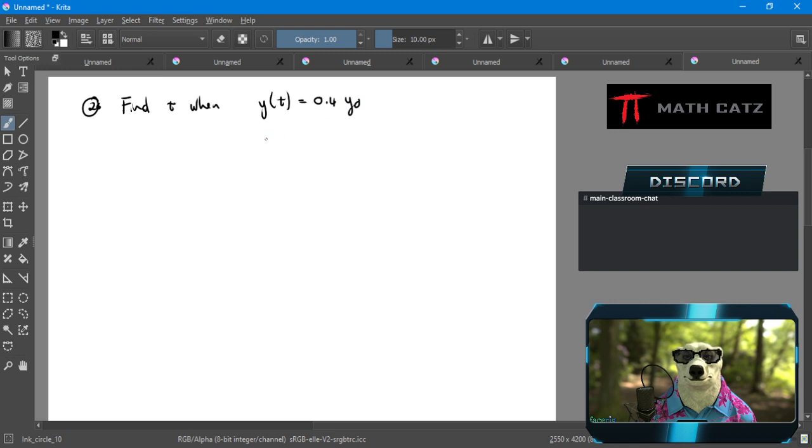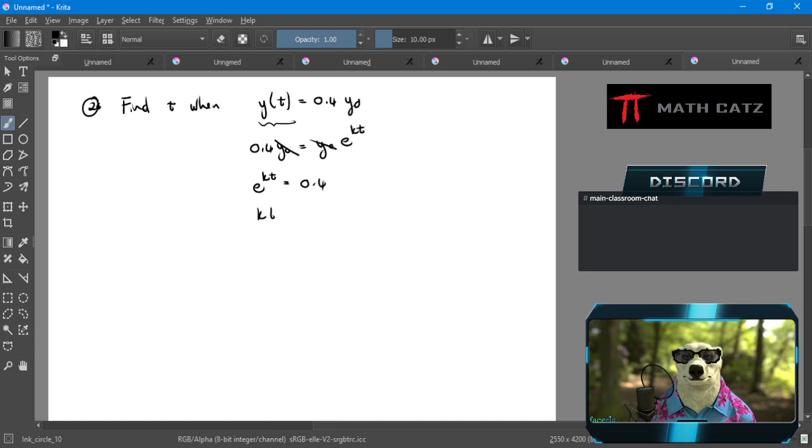And I don't need to know how much it was, because this function that I then plug in is going to have some initial amount, e to the kt, and I know k. And again, I see the y0s cancel. I don't need to know how much exactly there was. It's all relative. So I have 0.4.